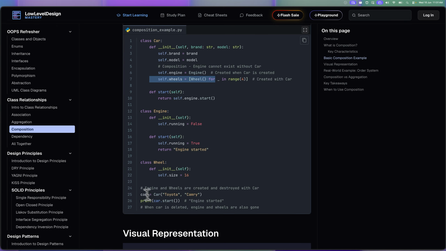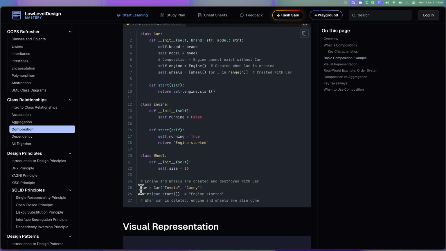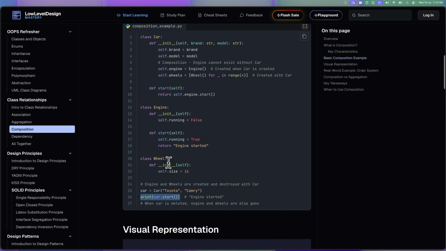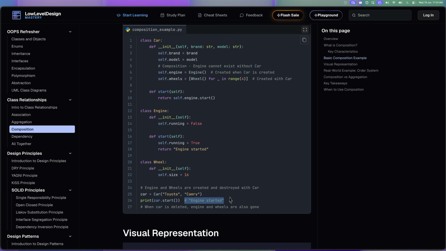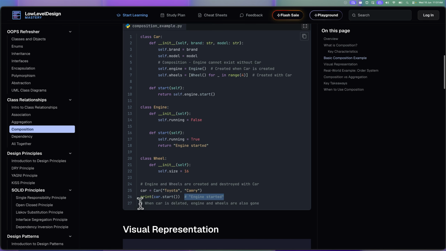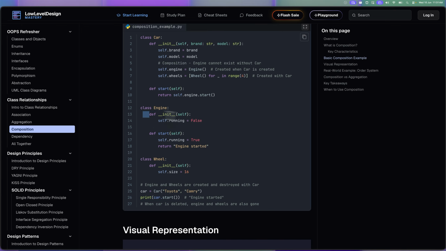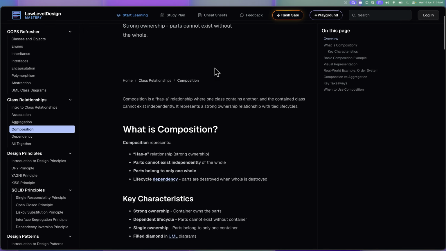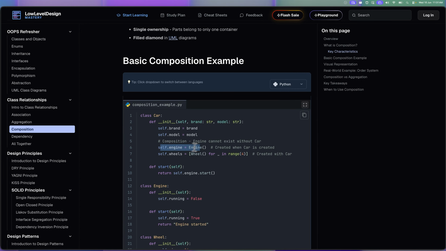Whenever you create an instance of a car and call car.start, it automatically says engine started. But when you delete a car, the engine and wheels are also gone. So these content classes cannot exist without a main class.